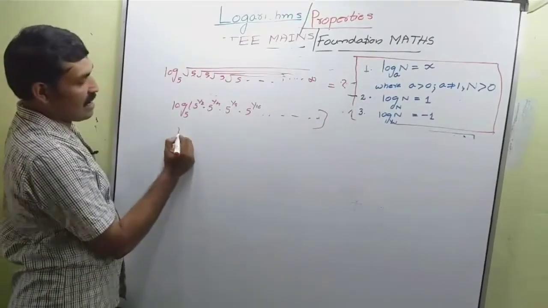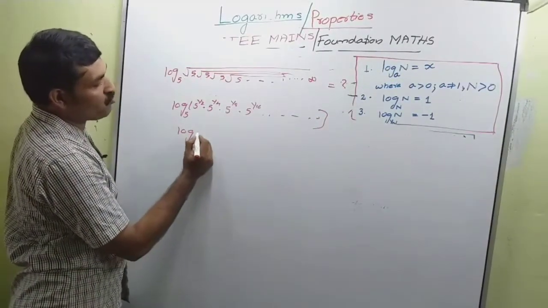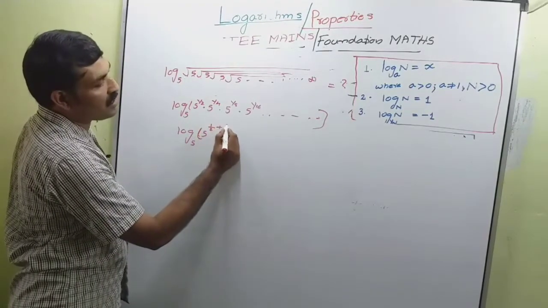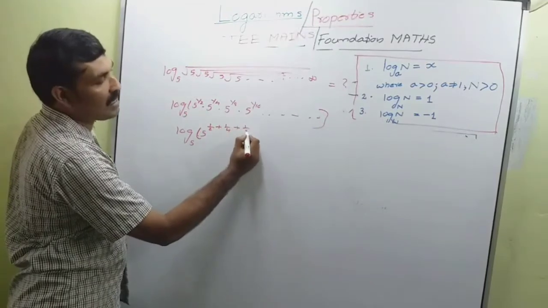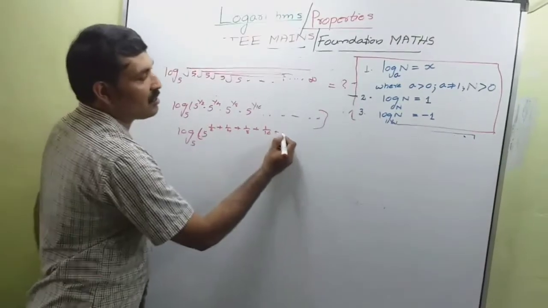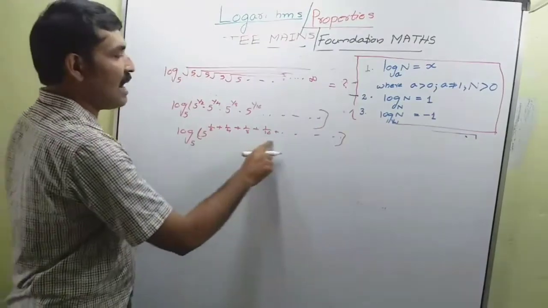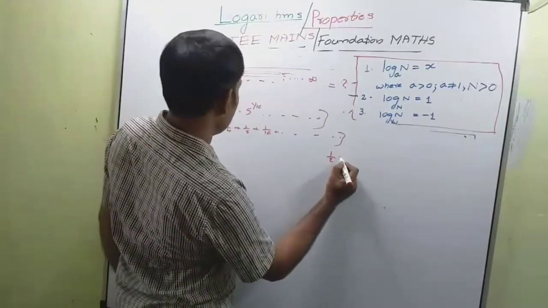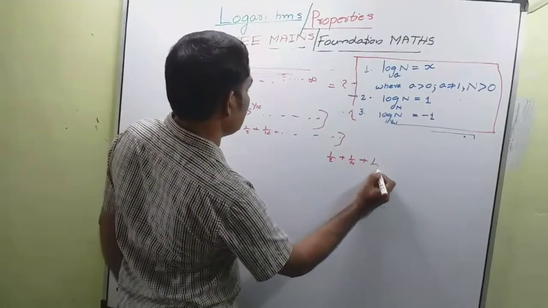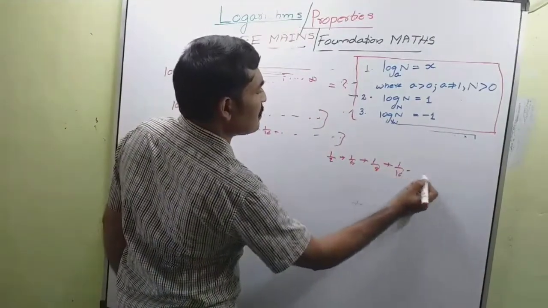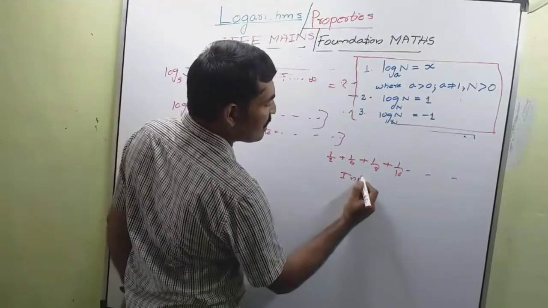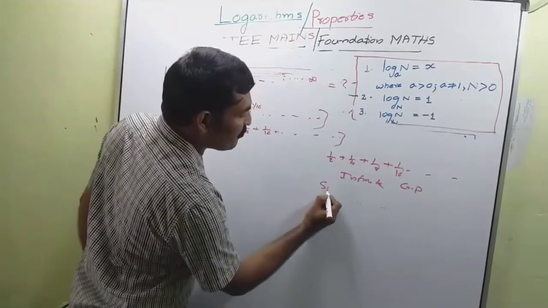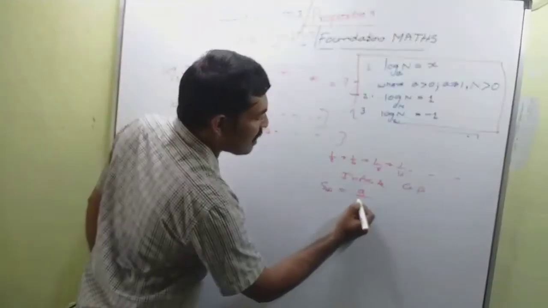So we can write this as log base 5 of 5 raised to 1 by 2 plus 1 by 4 plus 1 by 8 plus 1 by 16, and that goes on. This is an infinite GP. Then the sum to infinite terms is equal to a by 1 minus r.